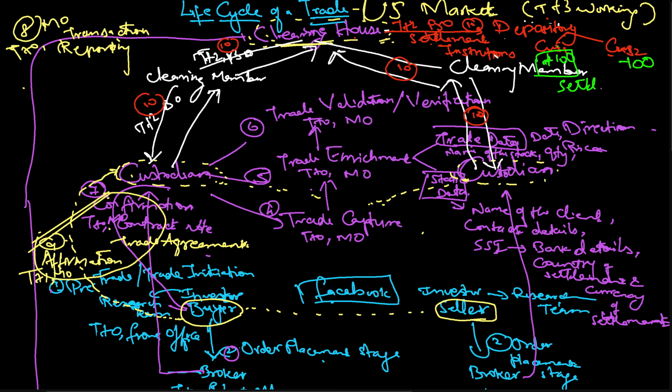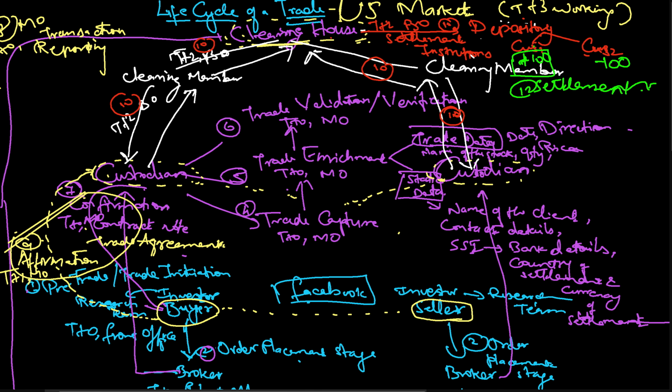I'll give the number as 12th step, settlement. Settlement happening at the back office level, T plus 3 working days. Similarly, over here also, the custodian will add 100 shares, and here the custodian will debit 100 shares.